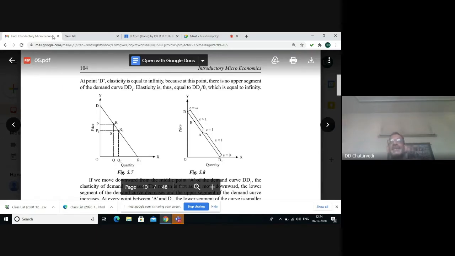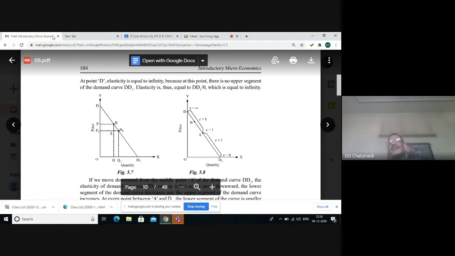When we move down along this curve, we find that price keeps on declining and the quantity keeps on increasing. P is in the numerator, Q is in the denominator. So when P falls, Q rises. That would imply the price quantity ratio will keep on declining. So this means that elasticity of demand that was infinity at point D will keep on declining as we go down along this linear demand curve DD1.